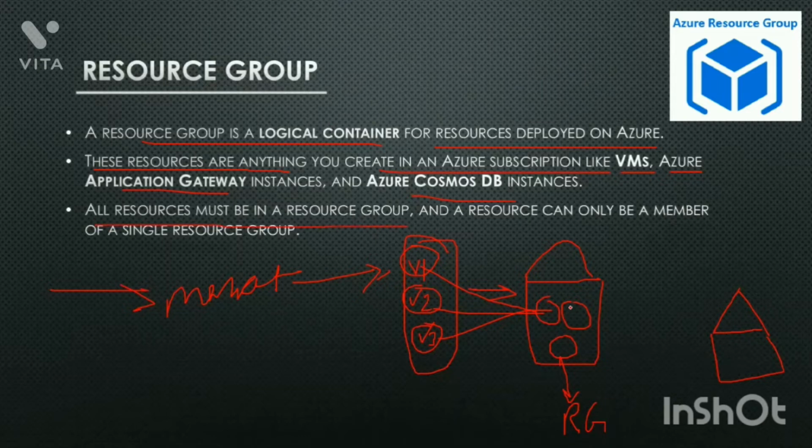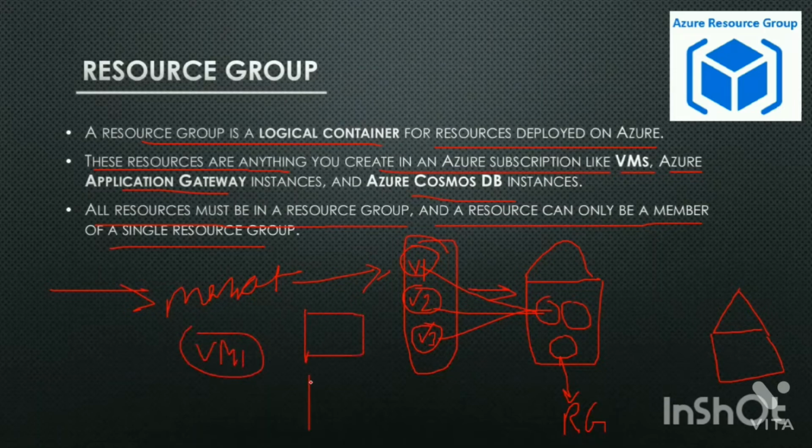So if you create any resource, this resource must be in a resource group, and a resource can only be a member of any single resource group. Suppose you created one resource named VM1, and you have two resource groups, let's name them RG1 and RG2.